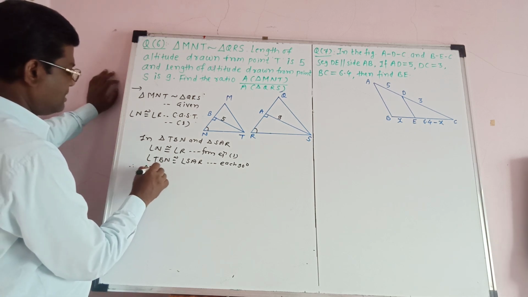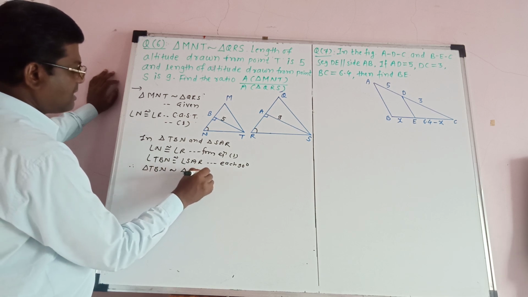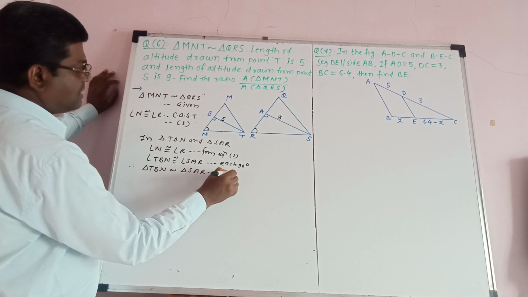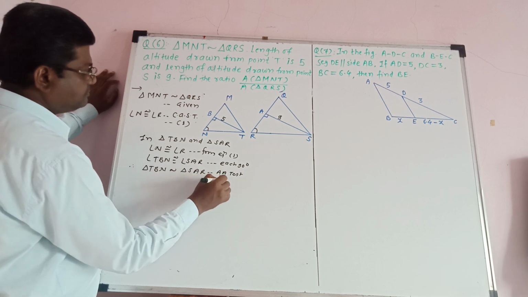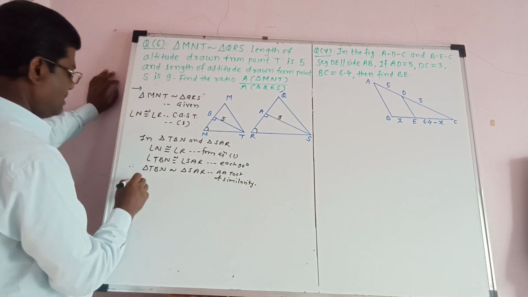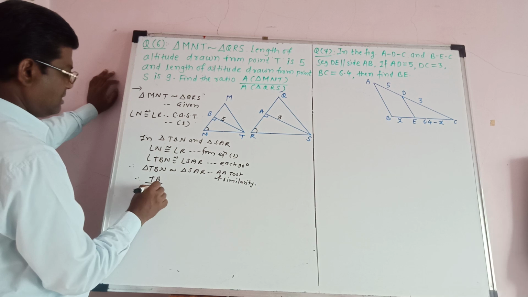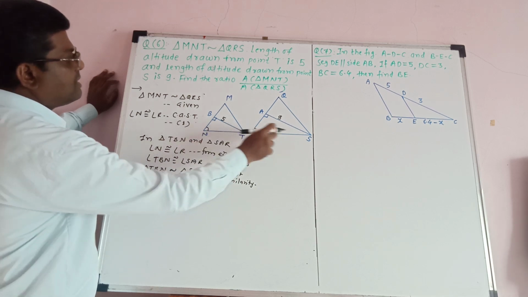Therefore triangle TBN similar triangle SAR, AA test of similarity. Therefore TB upon SA is equal to NT upon RS.